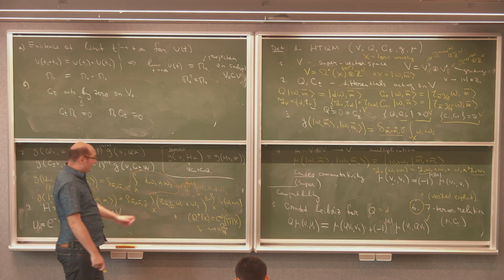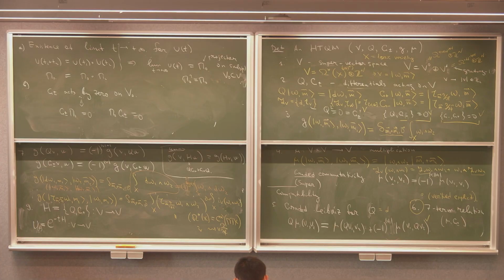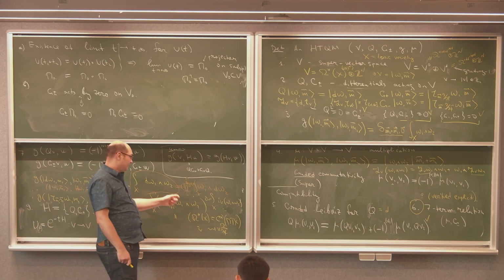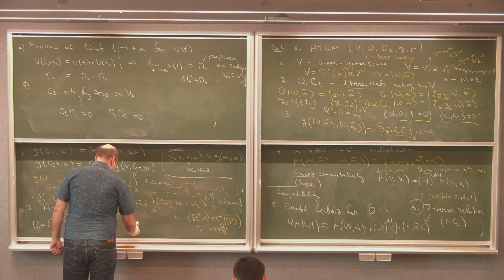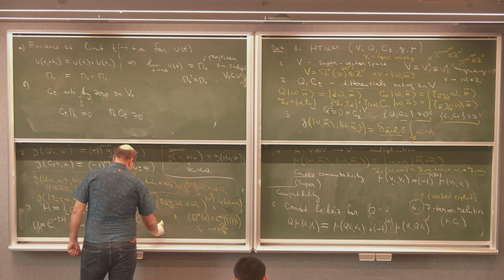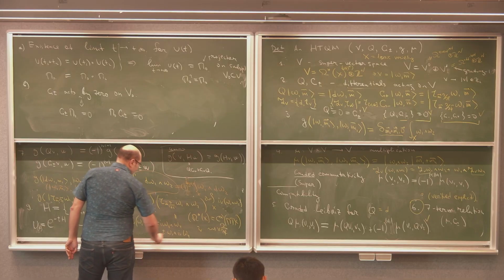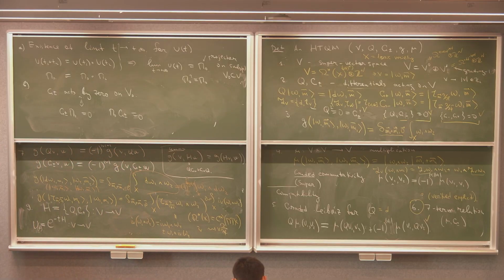So therefore, IV acting on a product of forms obeys the property that IV of omega 1 wedge omega 2 is IV omega 1 wedge omega 2, plus a sign that depends on the parity of omega 1, times omega 1 wedge IV omega 2.